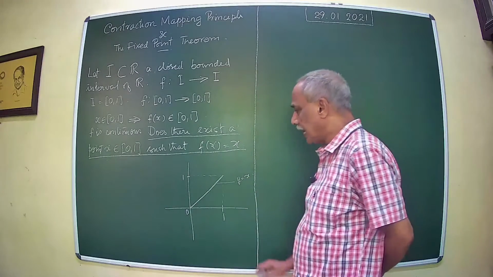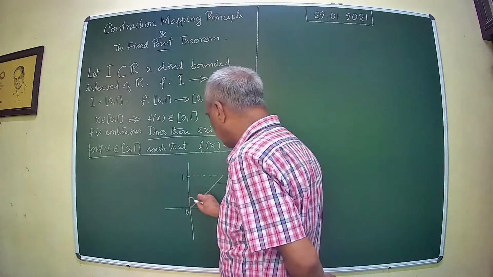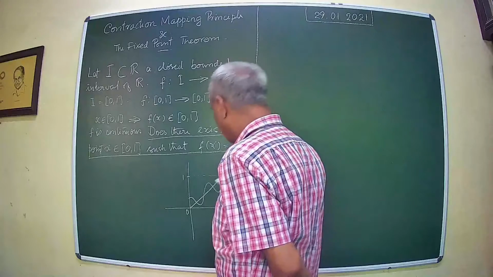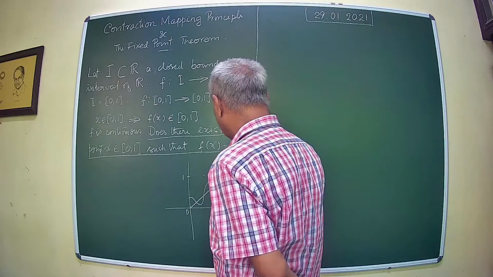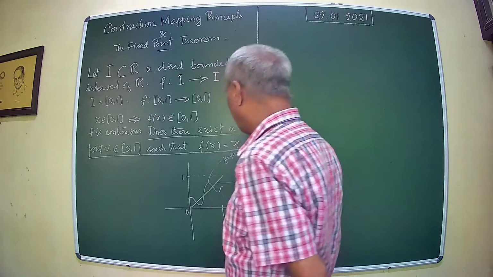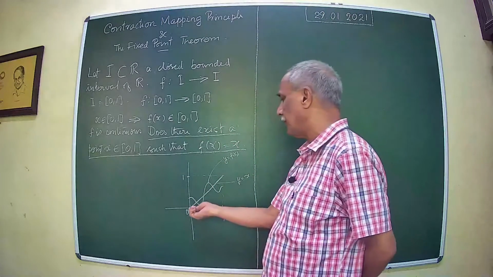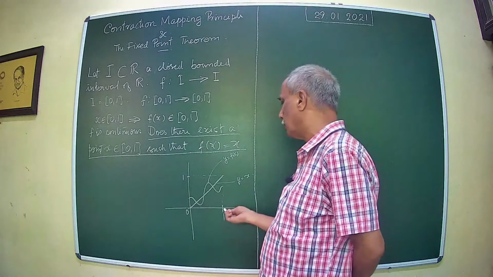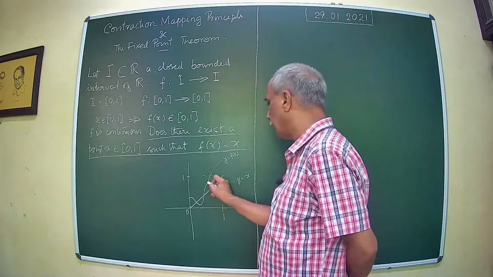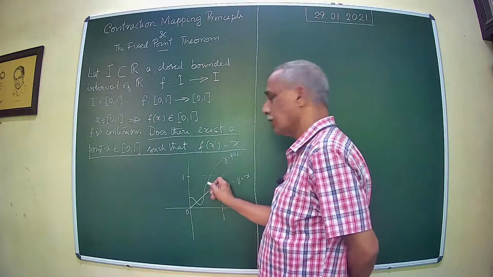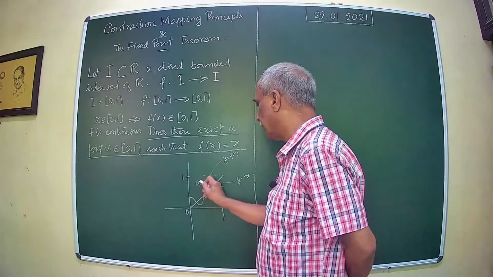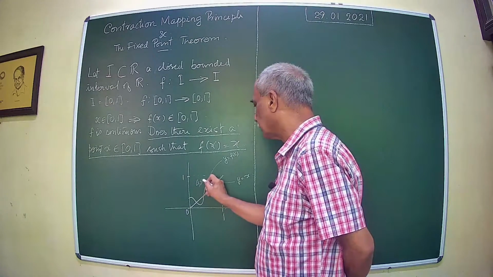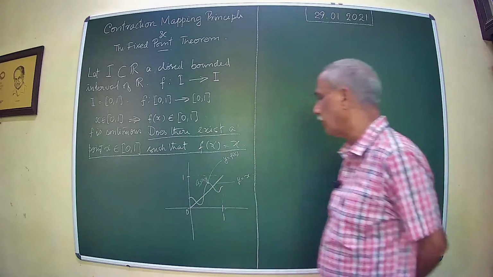Now you have the graph of y equal to f of x. Now f is a mapping from the interval [0, 1] to [0, 1]. So an arbitrary point on this graph is designated by x. So that's the graph of the function.